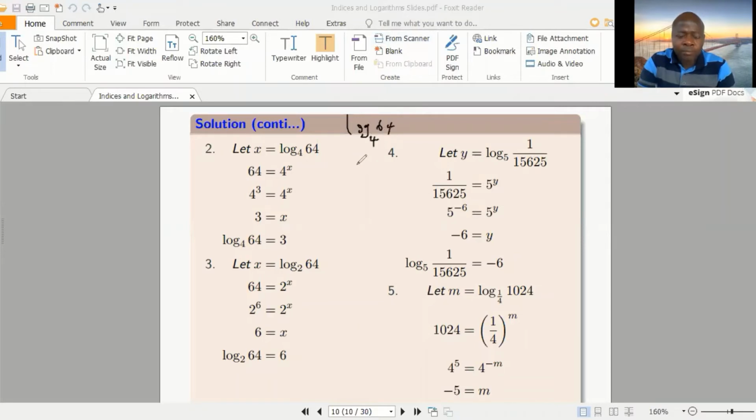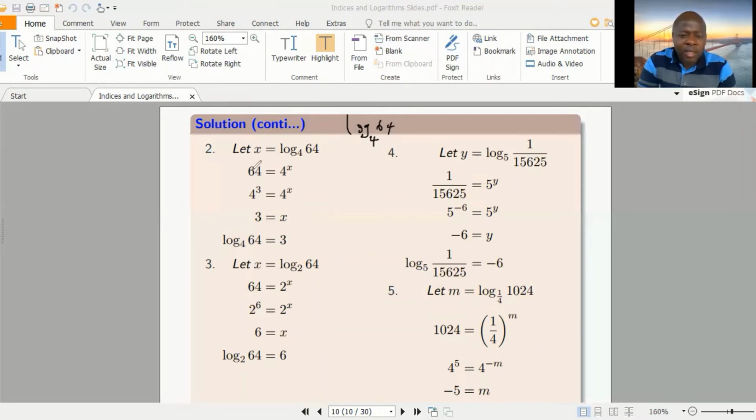Let's go. Again, I just say let it be x because I don't know what it is. Notice that this is logarithmic form. To write in index form, it will be 4 raised to x equals 64.